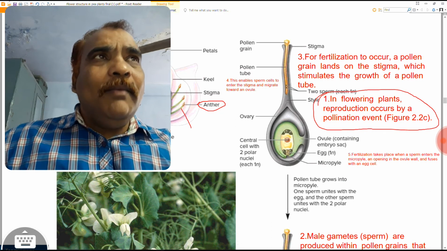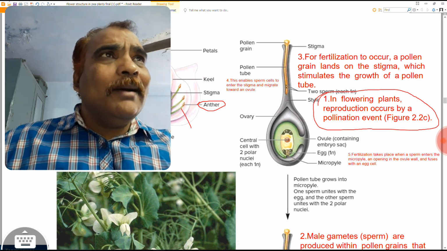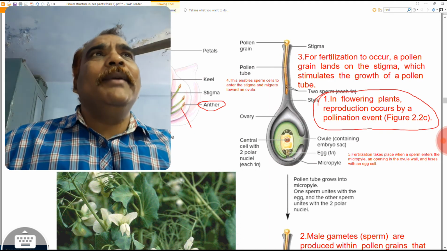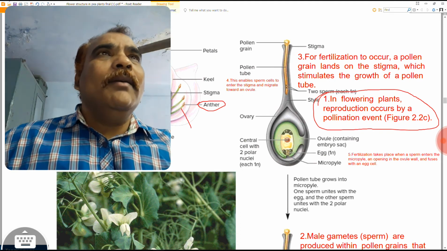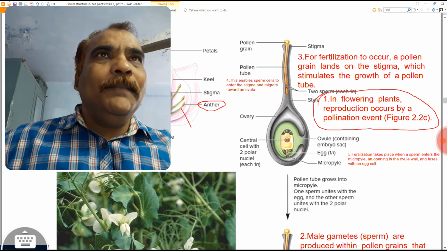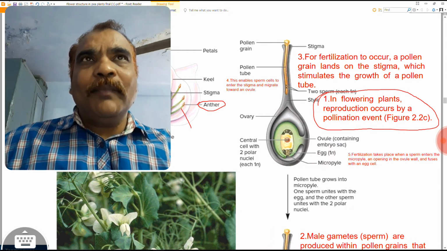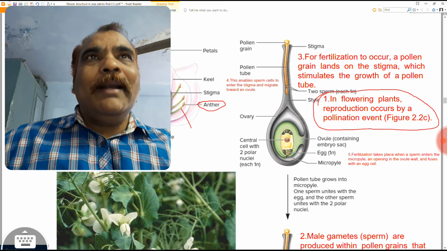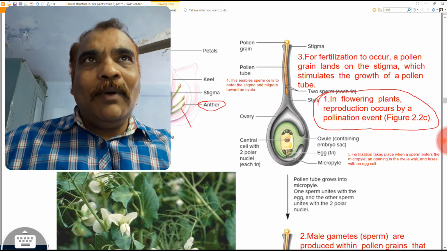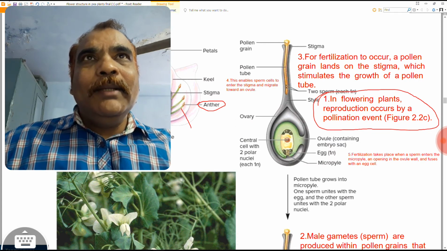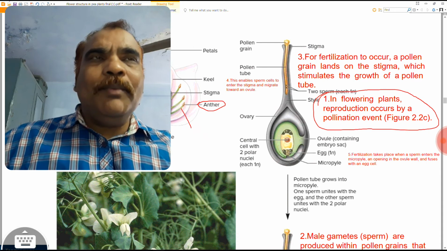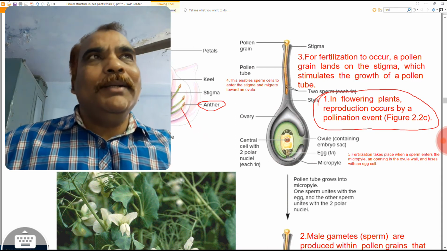In flowering plants, reproduction occurs by a pollination event. Now what is pollination? We know that in the anther pollen grain is produced, and the transfer of pollen grain from the anther to the stigma, that process is known as pollination.